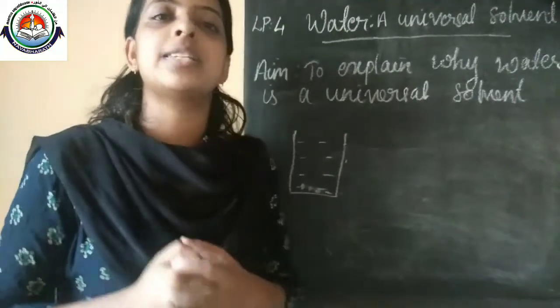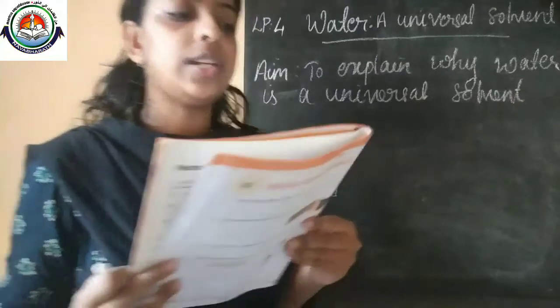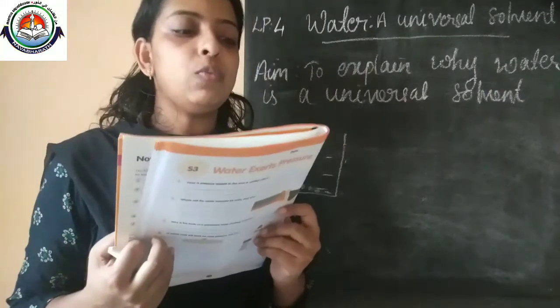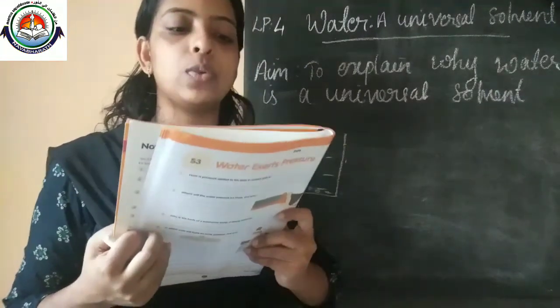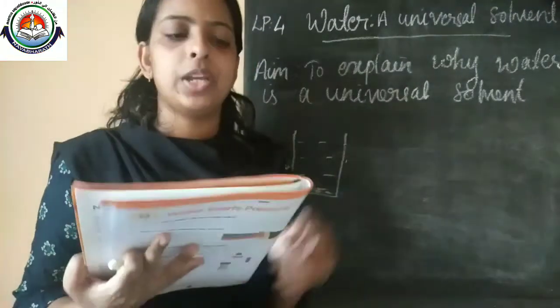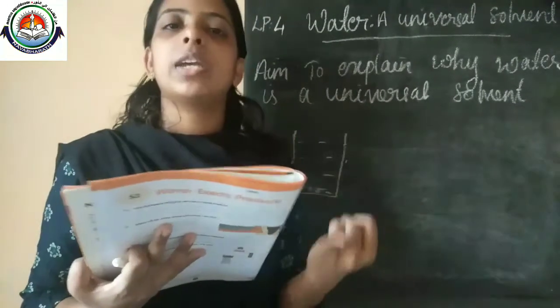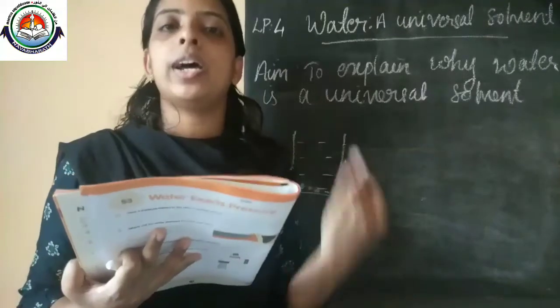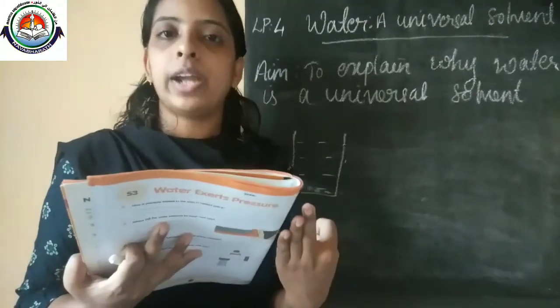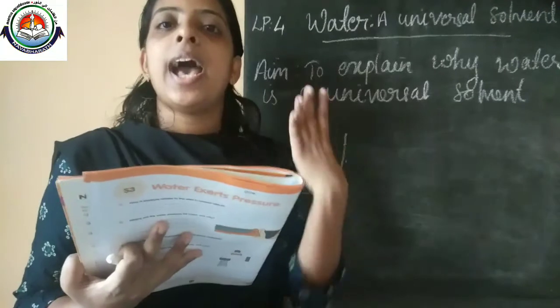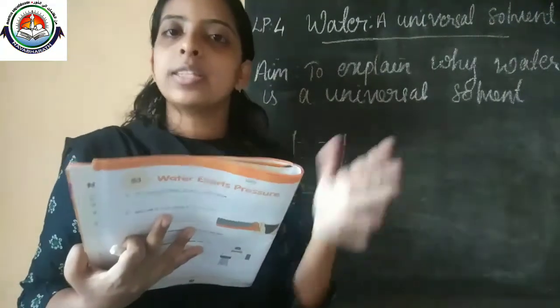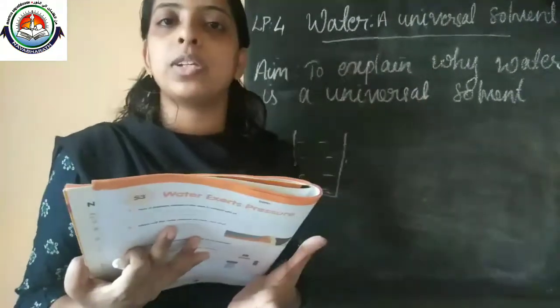Now we can discuss our worksheet S4. In worksheet S4, first question: name 5 solids and 5 liquids that can dissolve in water. Can you say the examples? We can say salt, sugar, detergent powder, right? Yes, tea leaves and coffee powder. These all dissolve in water. Those are all solid objects, right?